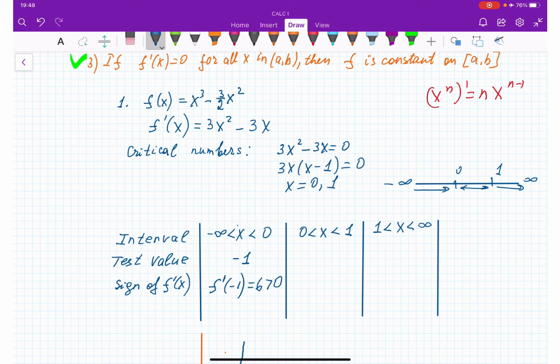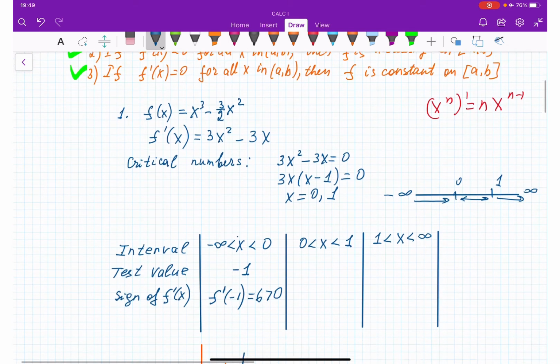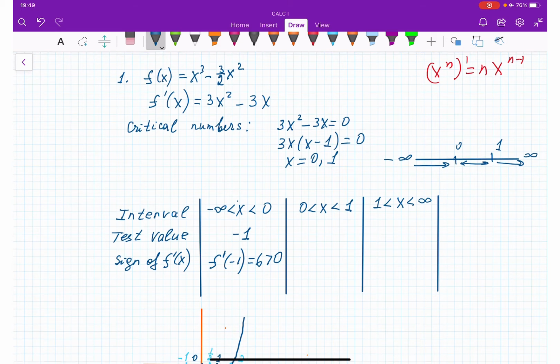Remember the rule: if f prime is greater than 0, then the function is increasing on the interval. So on the interval between negative infinity and 0, f of x is increasing.